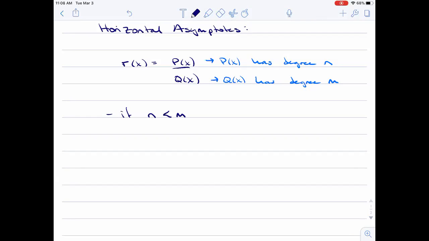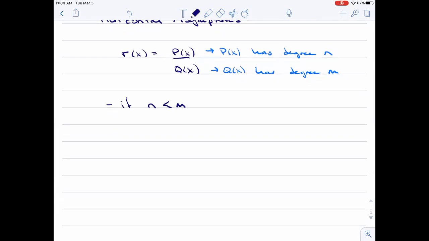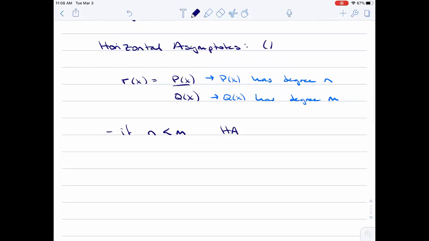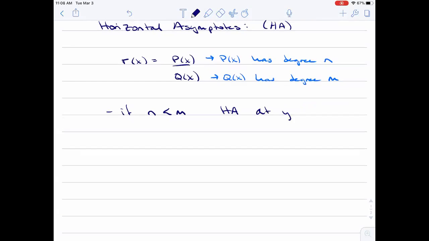If n is less than m, so you've got a lower degree in the numerator than in the denominator, then we have a horizontal asymptote, which we can abbreviate HA, at y equals 0.